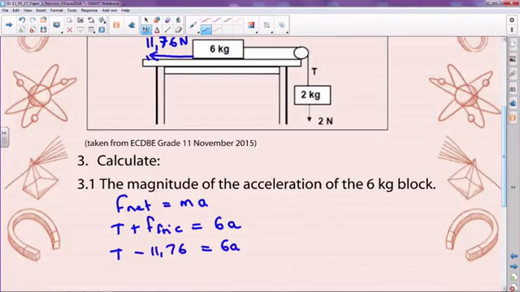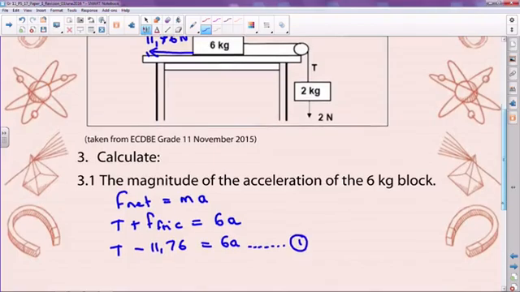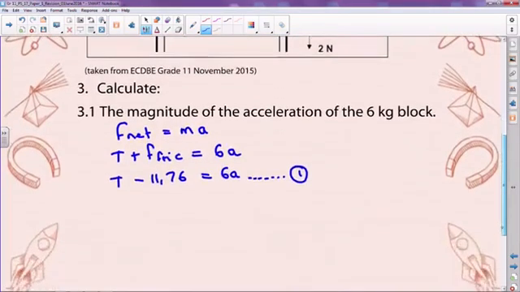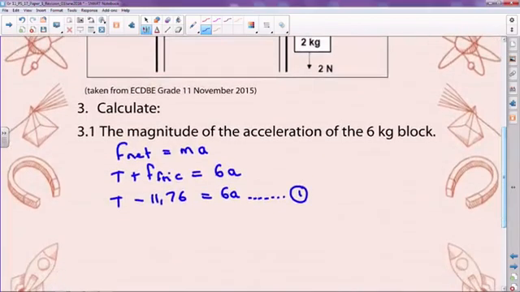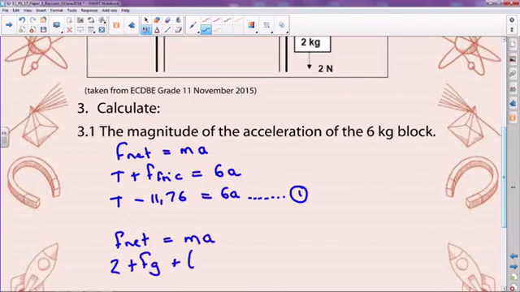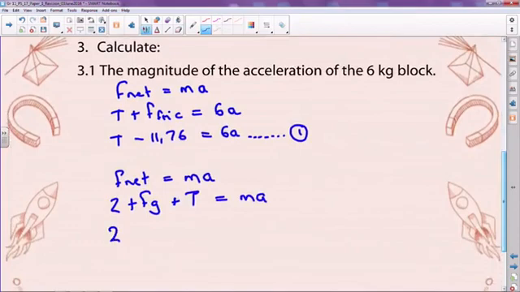What I'm going to do is make that equation 1. Now I need to take into account what's going on with the 2 kilogram block. So for the 2 kilogram block, my F net is going to equal ma. What have I got acting in the same direction? I've got the force due to gravity, and I've got tension, equals ma. So what is my force due to gravity?